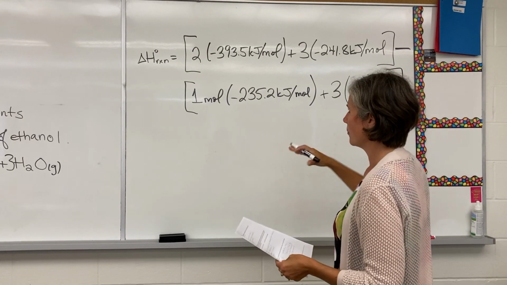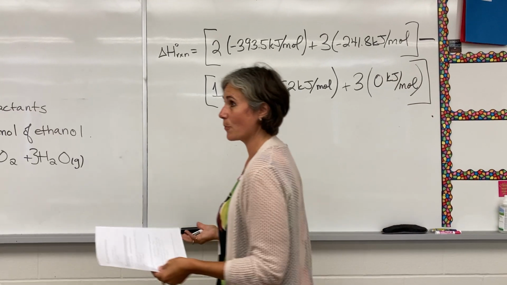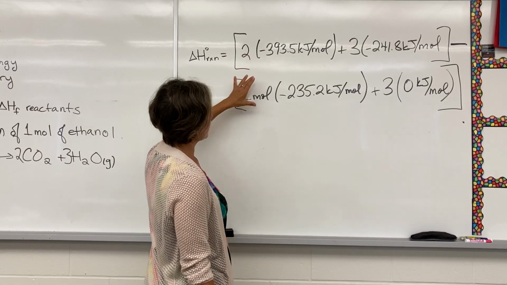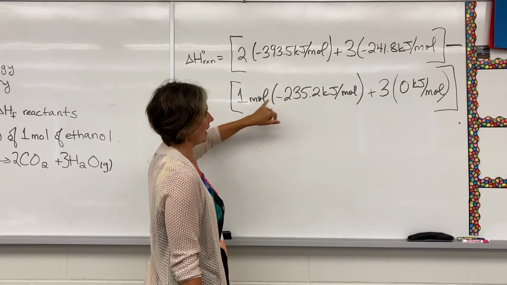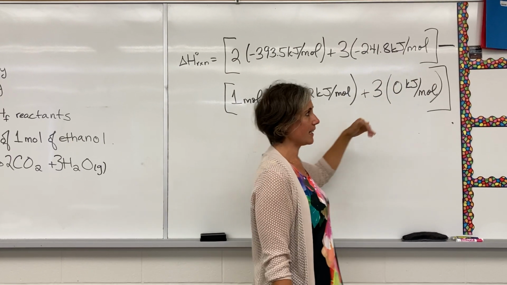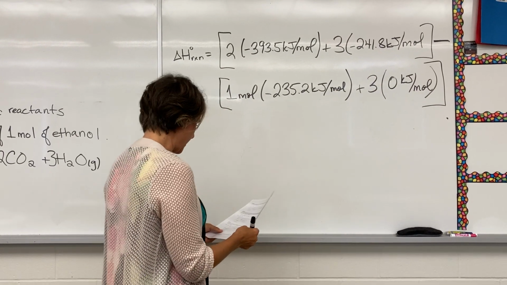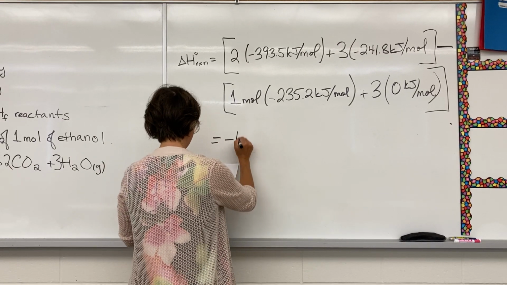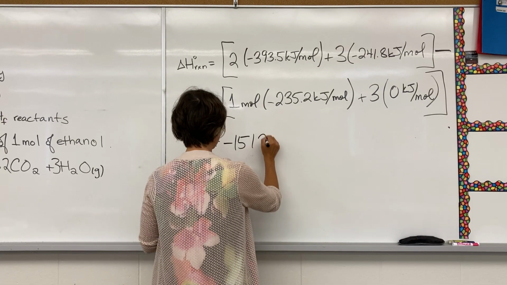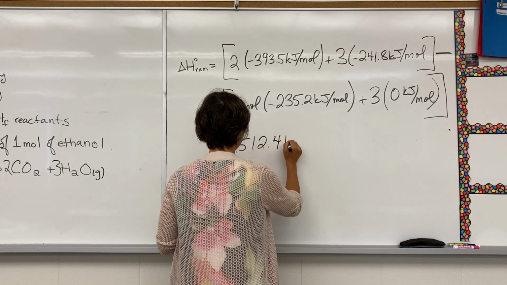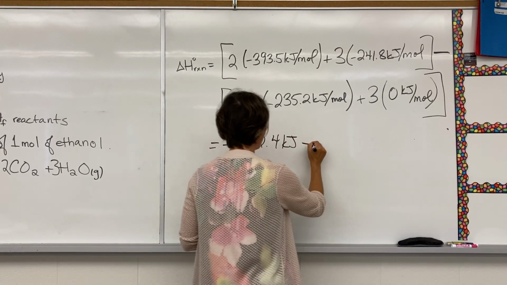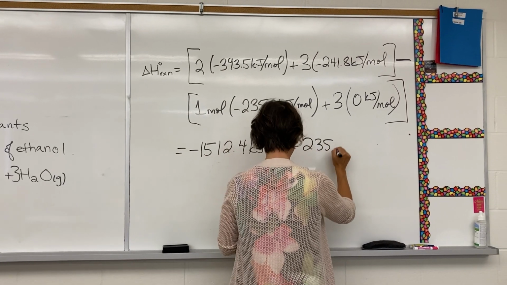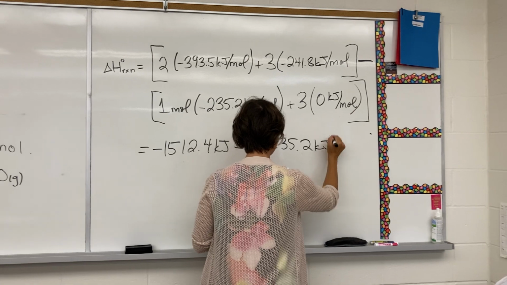Now we punch in the math, and this is where, believe it or not, the most mistakes get made, because this will work out to be a negative value. When you're subtracting a negative, you're going to be adding the positive. Let me show you what you should get. -1512.4 kilojoules minus a negative 235.2 kilojoules.